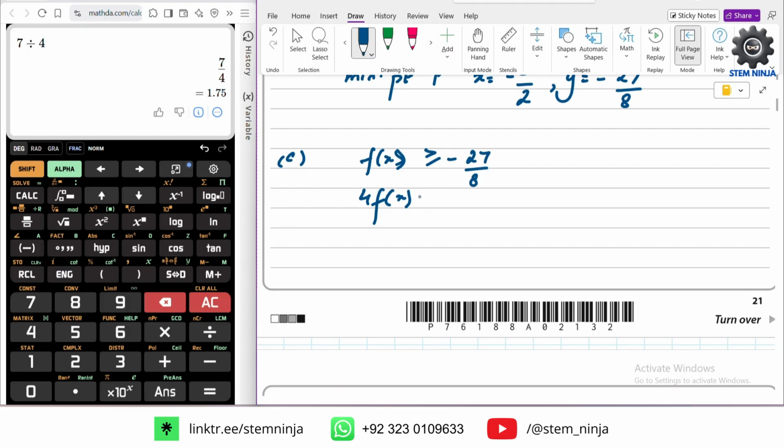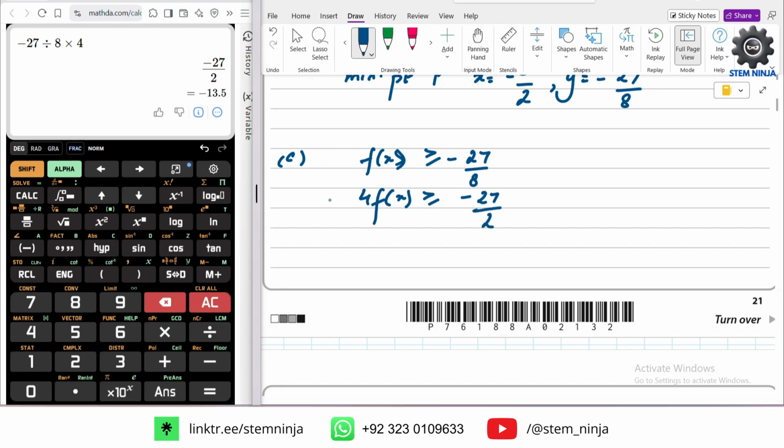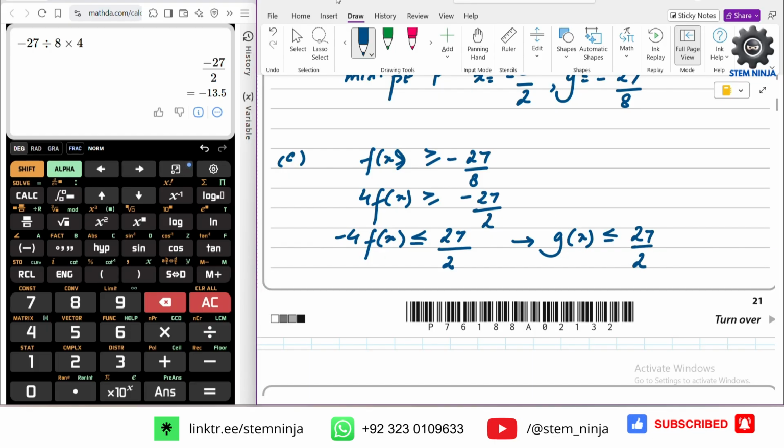So for minus f of x, multiplying by minus 4, minus 27 over 8 times 4 is minus 27 over 2. When you do the minus minus, this will become f of x less than or equal to 27 over 2. So the g of x is less than 27 over 2. Okay.